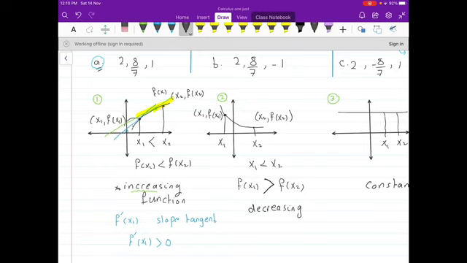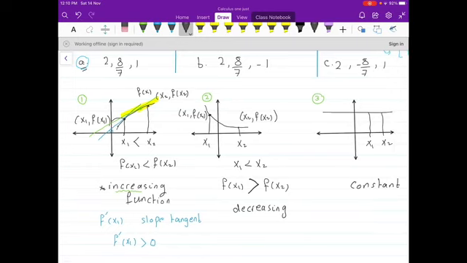Now, look at graph 2. If we draw a tangent line at any point, if you draw a tangent line at x1, this is the tangent line. So, f prime at x1 represents the slope of a tangent.